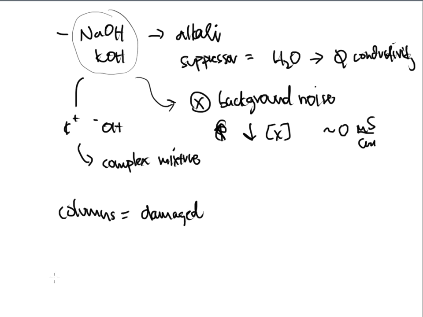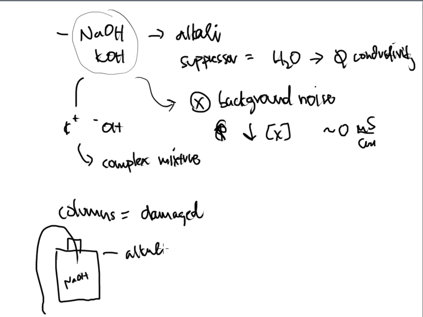Sodium hydroxide and potassium hydroxide also have a problem in the mobile phase bottle. If I've got NaOH that is getting used and pumped through this bottle, what you tend to see is that this alkali will actually leach the silica from the glass that you are putting it in. And that is going to make a silicate, and that silicate is going to be picked up by the detector.